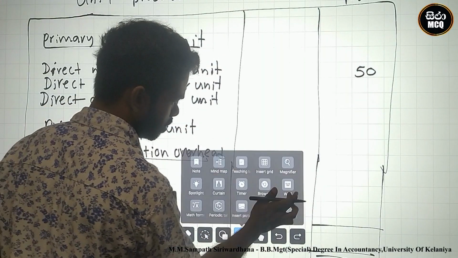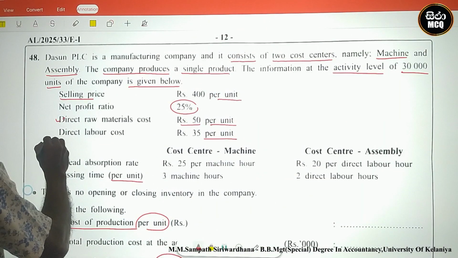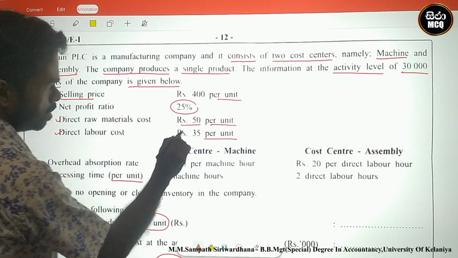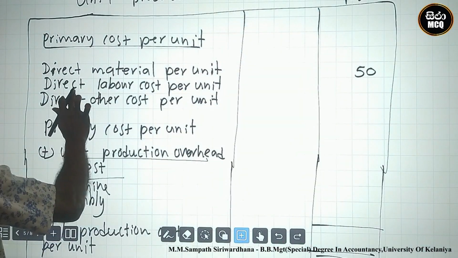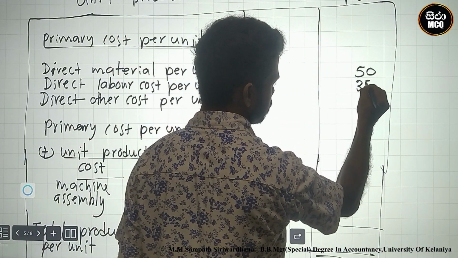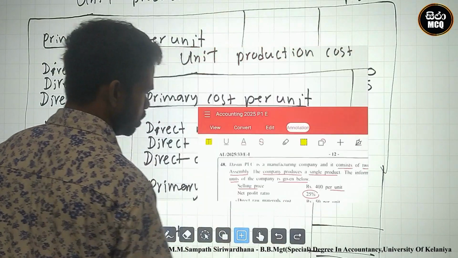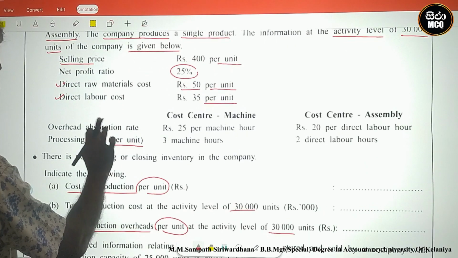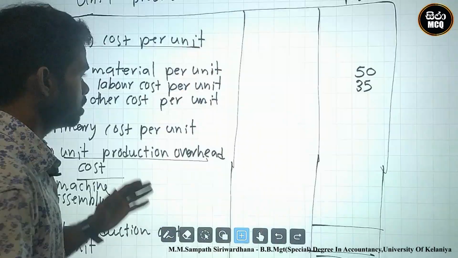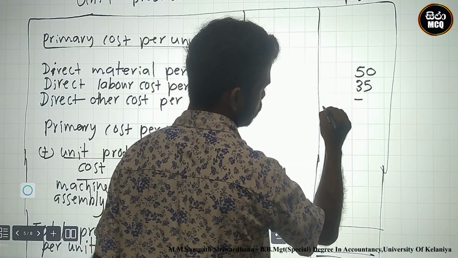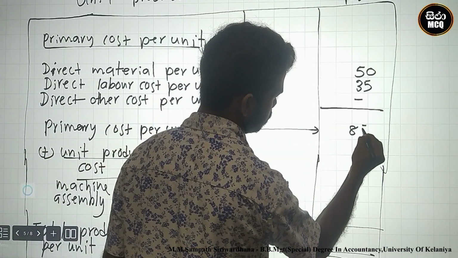Direct labor cost is 35 per unit. There is no direct other cost. Therefore, we can calculate the primary cost per unit as 85.